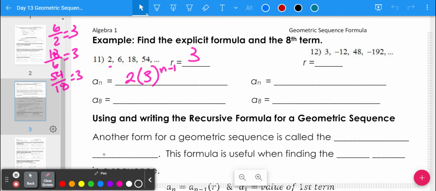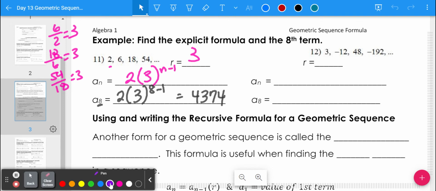Then as I'm getting ready to solve, I'm finding the 8th term, so 8 replaces the n. So 2 times 3 to the 8 minus 1 power. And when you type this into your calculator, you should get 4,374.